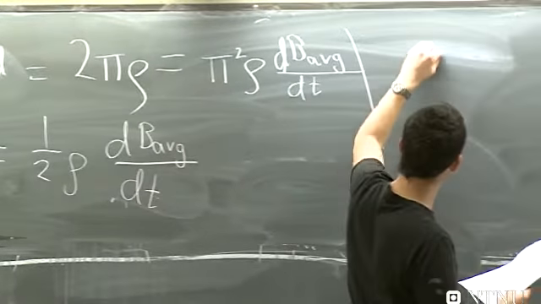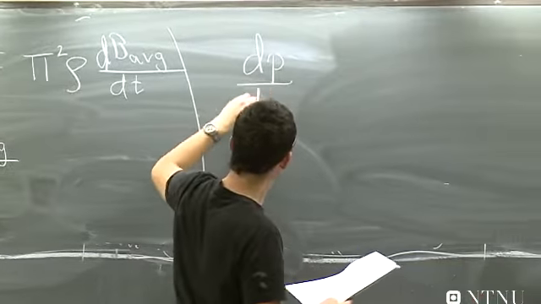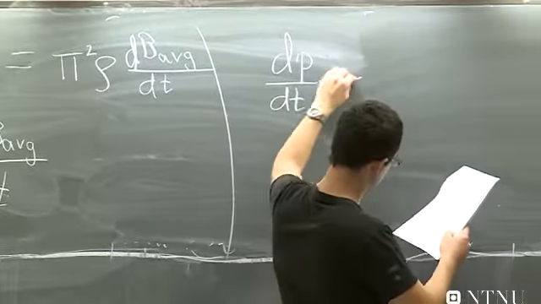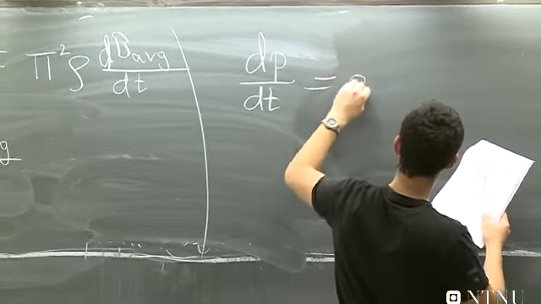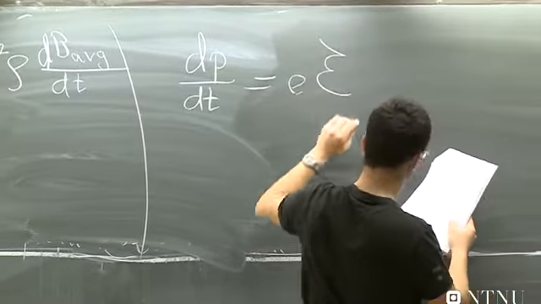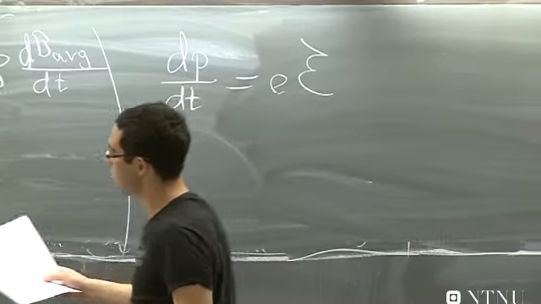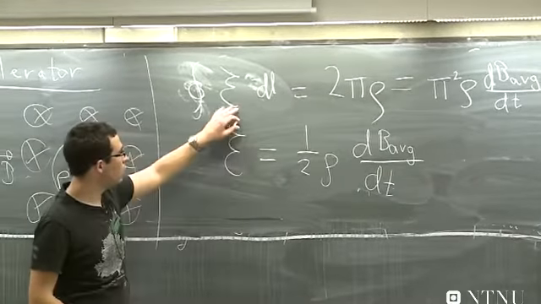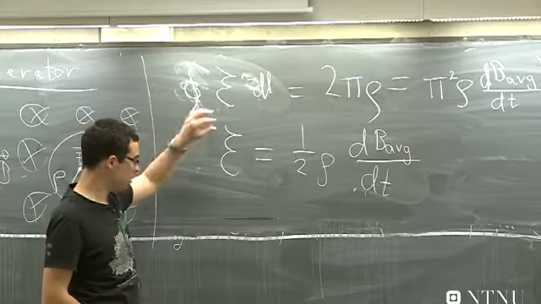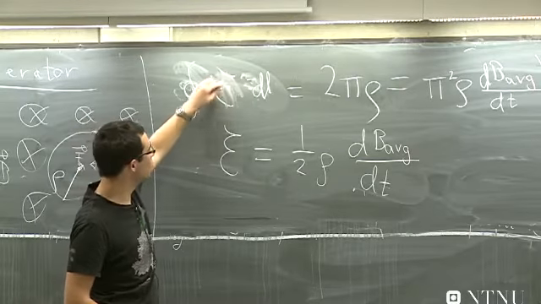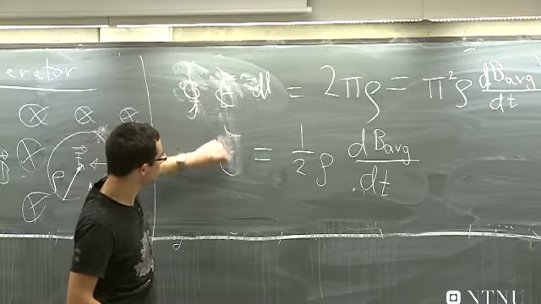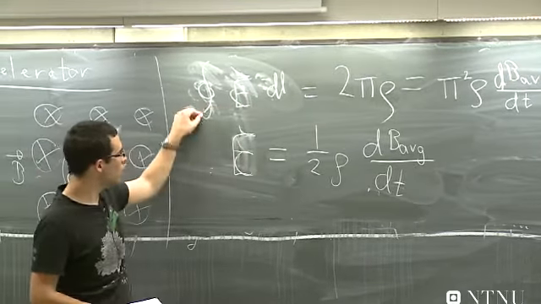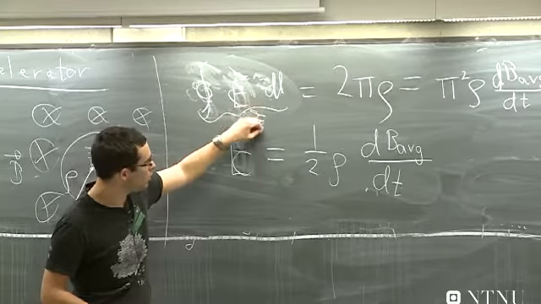So if you look at Newton's second law, the time derivative of the momentum of the electron should be E times, yeah, that's right. This is not the electromotive force, it's the electrical field. Which is, of course, the same thing. Well, this is then the big epsilon.